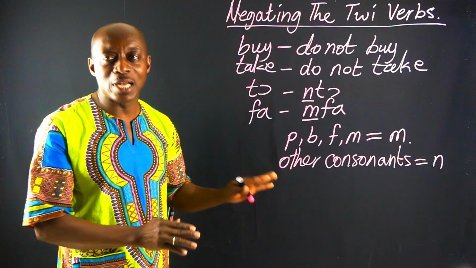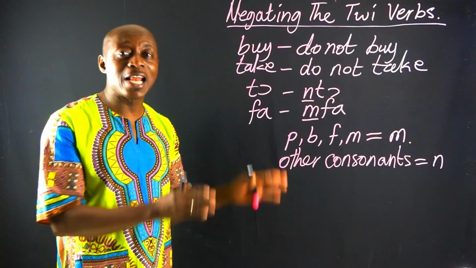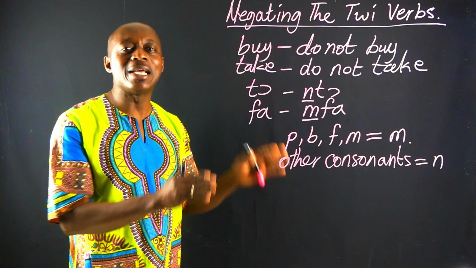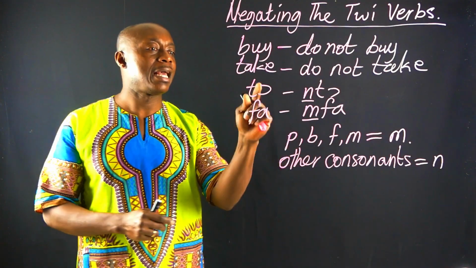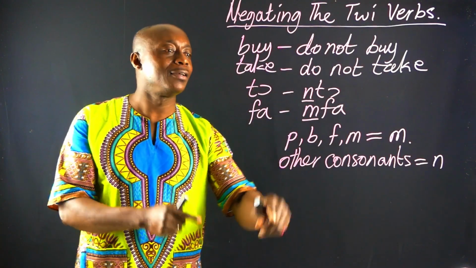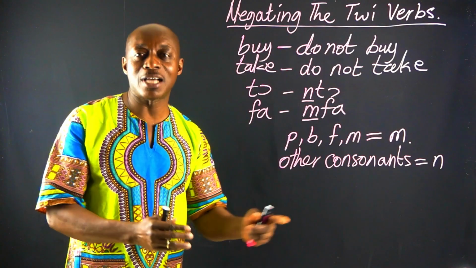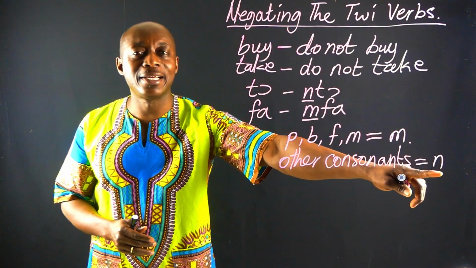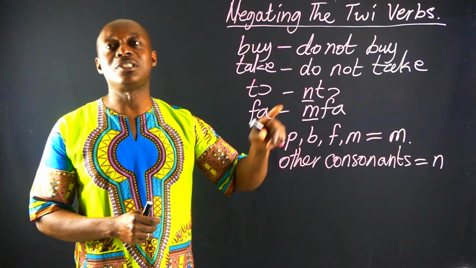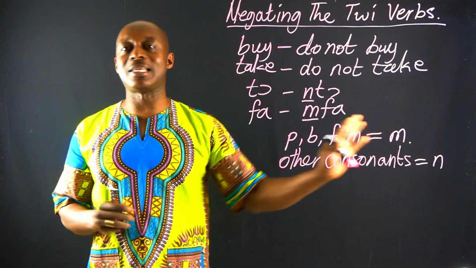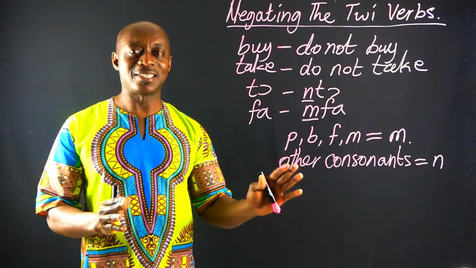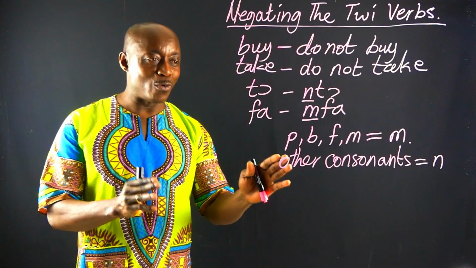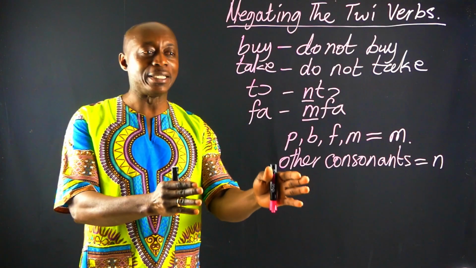All other verbs that begin with other consonants such as N, T, W, and what have you, will have to be prefixed with N for them to become negative, or for them to be negated. This is a fact. So we are proceeding from this point.